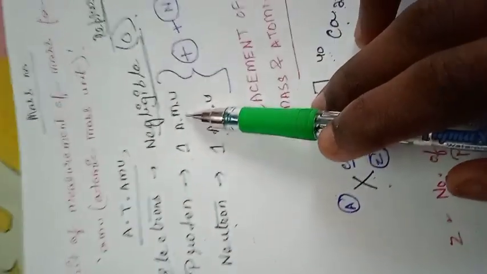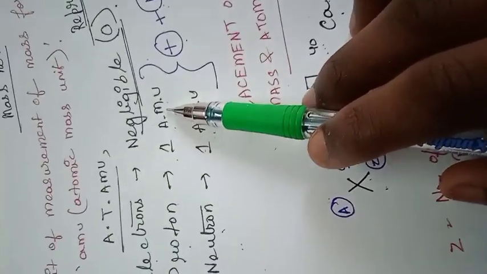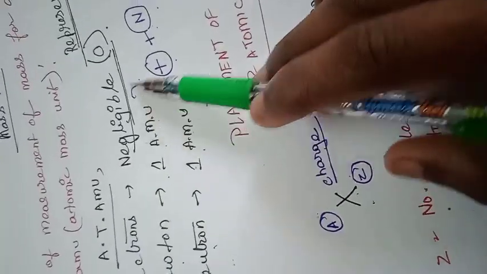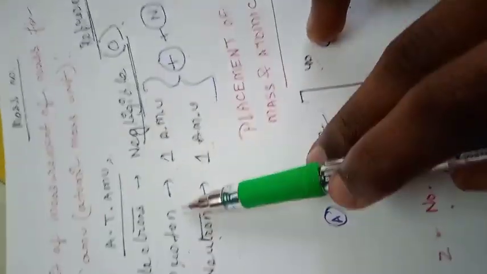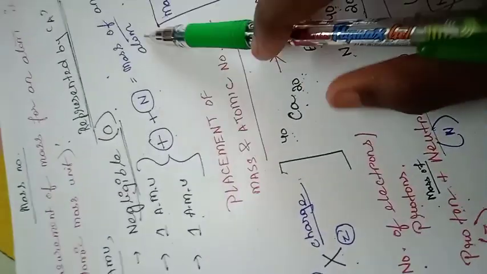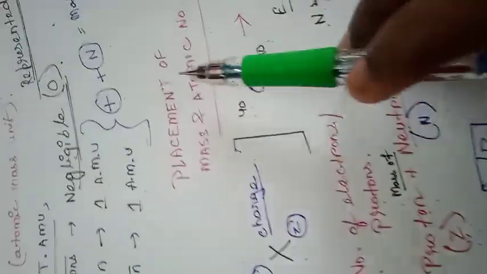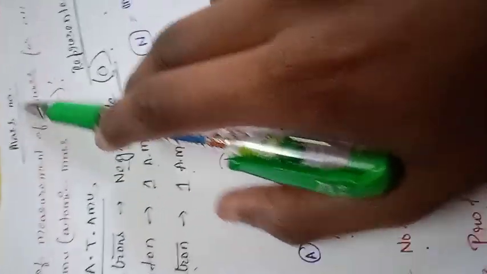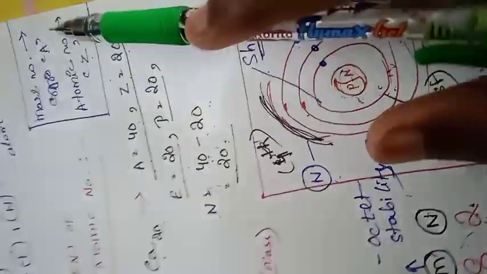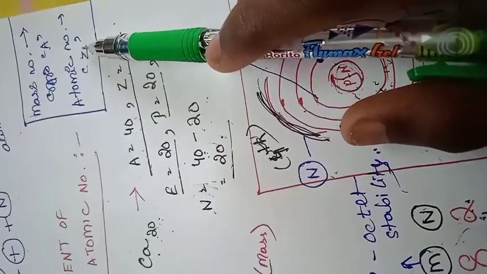So if we want to find the mass of an atom, we can easily sum the protons and neutrons. In other words, the summation of protons and neutrons gives the mass of an atom. This is my mass number, and mass number is represented by A. Atomic number is represented by Z.